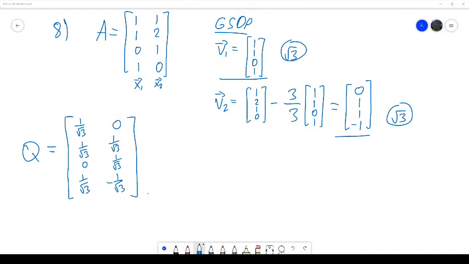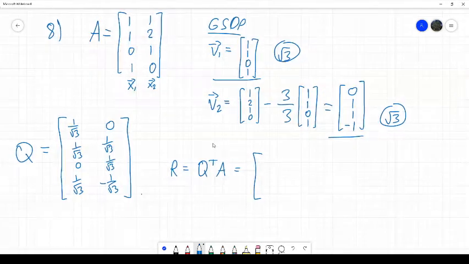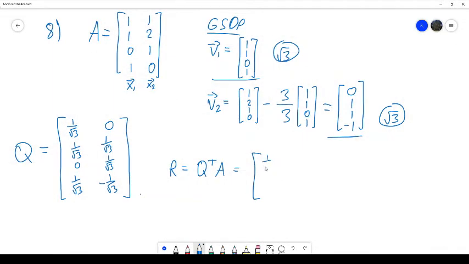And then to find R, all we need to do is take again by our formula Q transpose A. And so Q transpose, we lay this sideways, we have 1 over root 3, 1 over root 3, 0, 0, 1 over root 3, and negative 1 over root 3, times the A matrix.